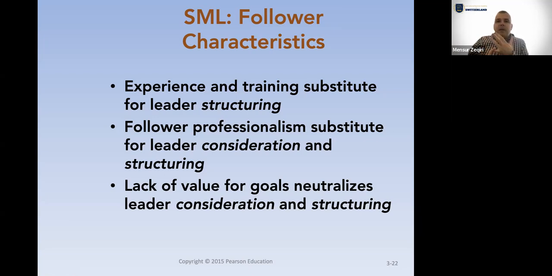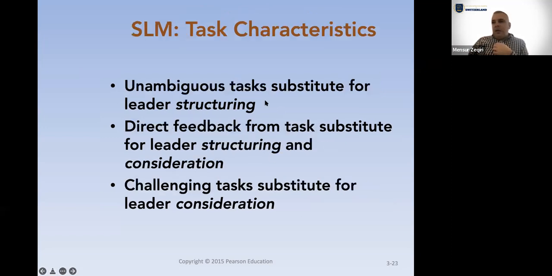Experience and training are substitutes for leader structuring, as is follower professionalism. This also substitutes for leader consideration and structuring, and the lack of value for goals actually neutralizes the leader consideration and structuring.